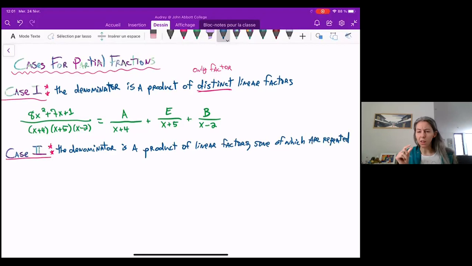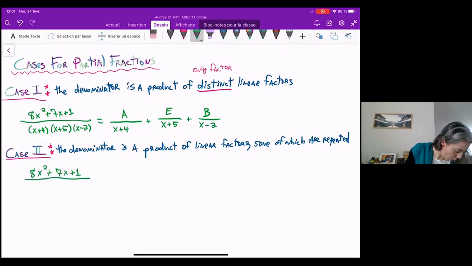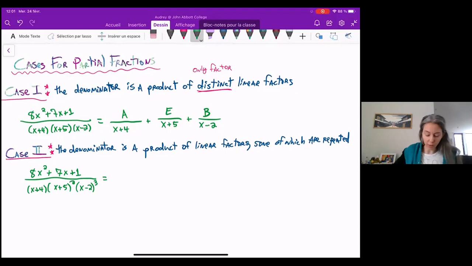This is where it's going to get a little bit weird to think about. So let's say again, I'm going to keep the same numerator. I have 8x squared plus 7x plus 1 over x plus 4 times x plus 5 squared times x minus 2 cubed. Well, that x plus 4, same as case 1, occurs one time, so it gets one fraction. But when I think about that x plus 5 squared, yes, x plus 5 squared is a factor of the denominator, but so is x plus 5.